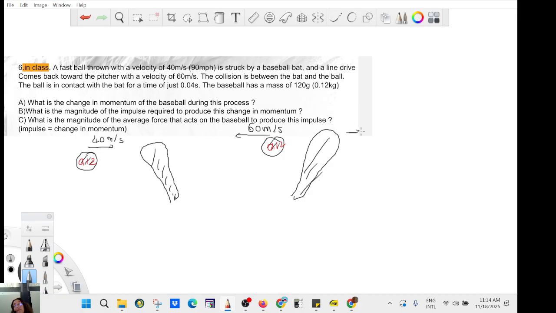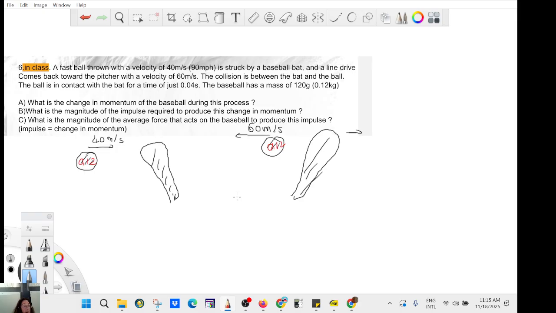This baseball bat better recoil to make sure that the total momentum stays the same. The momentum of the baseball bat will go to its mass, but the total amount of momentum will be the same.